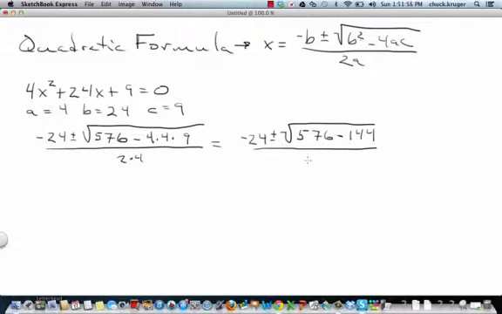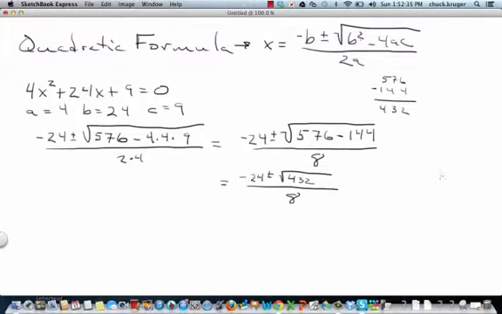over 8. And so I get a negative 24 plus or minus the square root of, that's going to be 576 minus 144 is 432, all over 8.